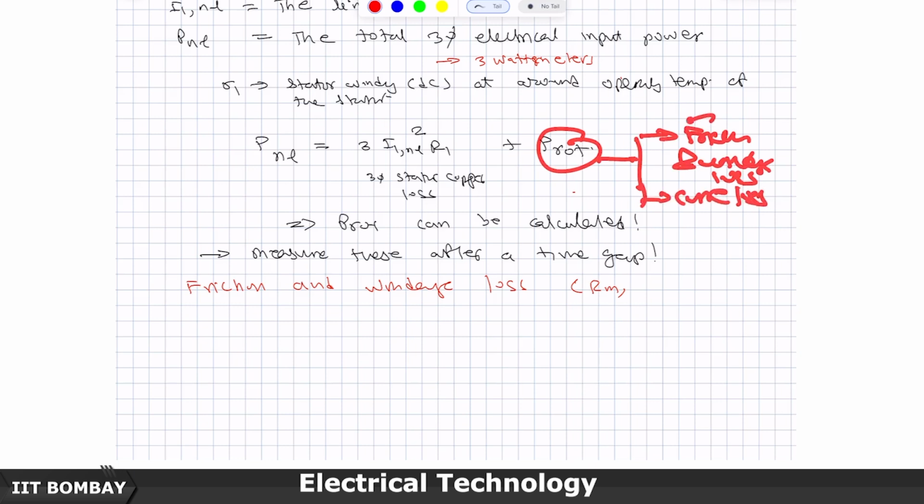So, if I calculate and determine the friction and windage loss, then I can subtract it from P rotational and I will get the core loss. That is what I am talking about right now.